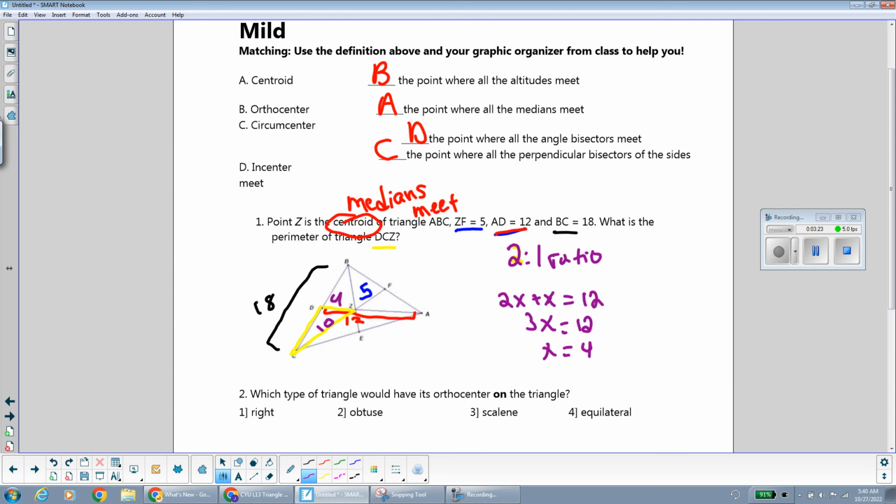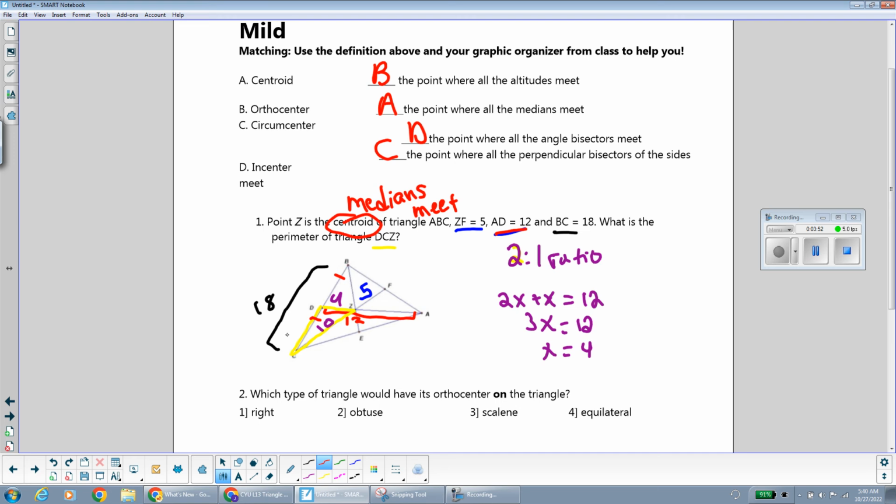So that makes sense. And then finally, to find the perimeter of this triangle, now I have 2 sides. I just need this last one, DC. So we know that the whole side of the big triangle, BC, is 18. And since a median connects to the midpoint of the side, we do know that the side is being split in half by the median.